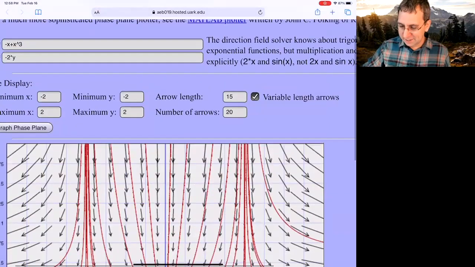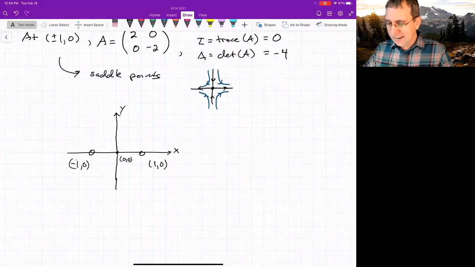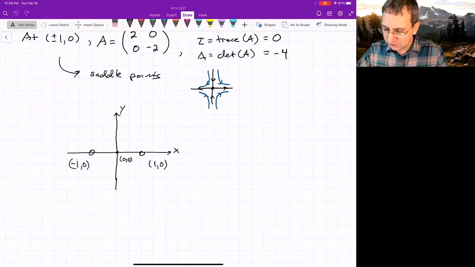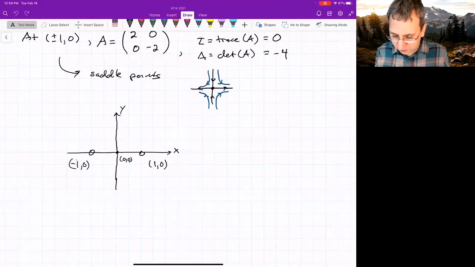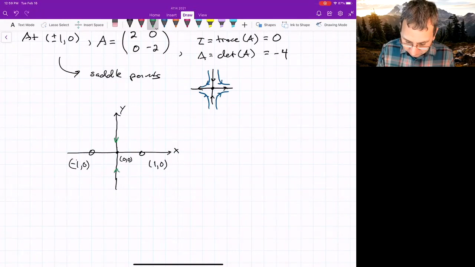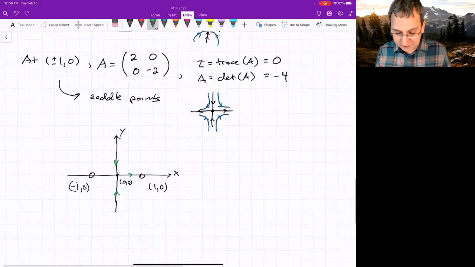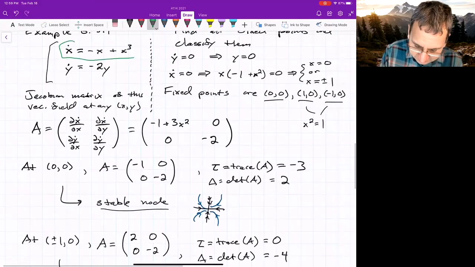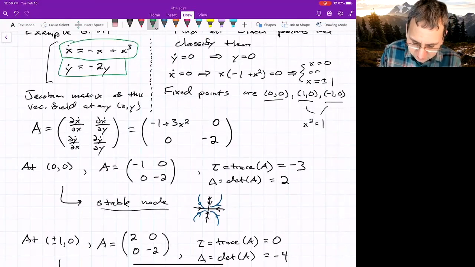So this is handy. This is the qualitative picture if we sketch it. There are other things we could have done. We could have determined that the y-axis is actually invariant. If you start on there, you stay on there, which means that arrows are going in from there. And the x-axis is also invariant. I mean that the x dynamics and the y dynamics are uncoupled.